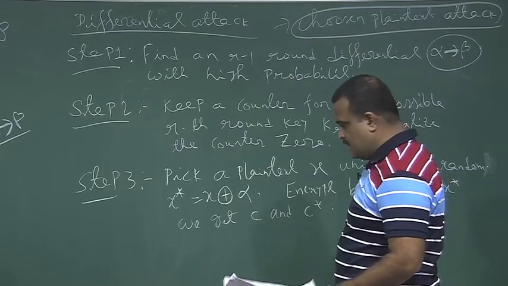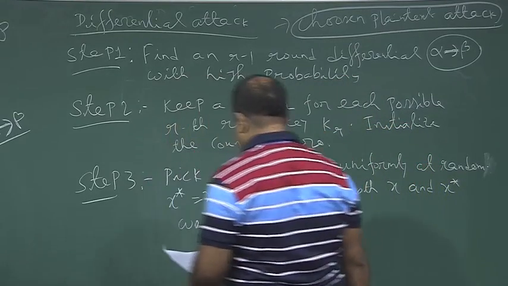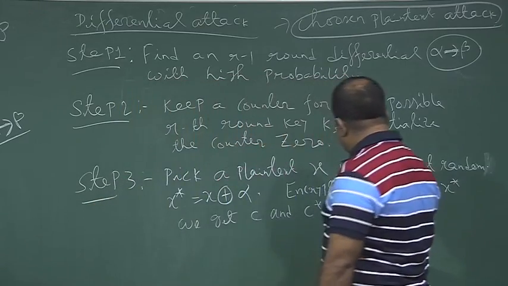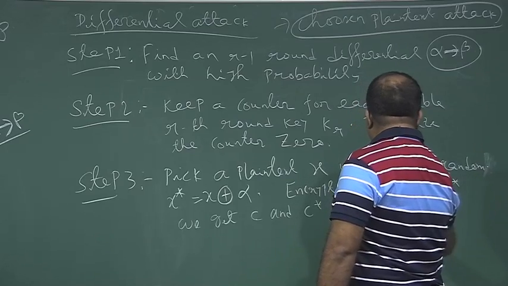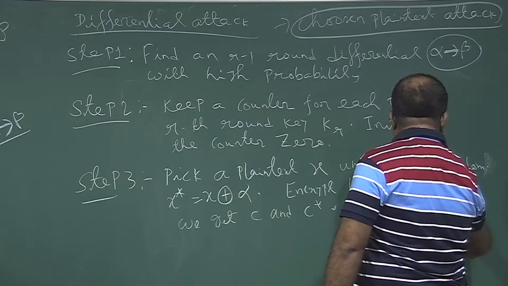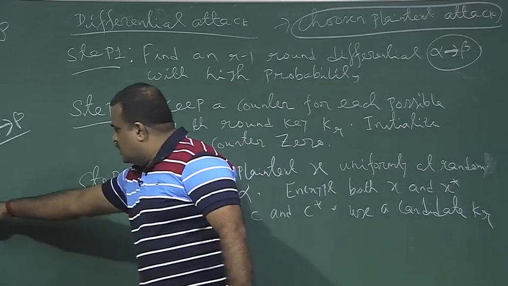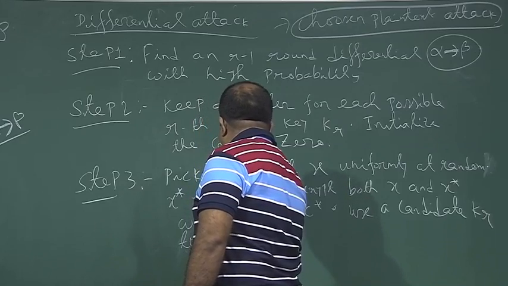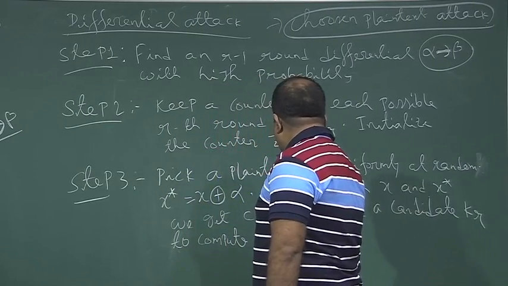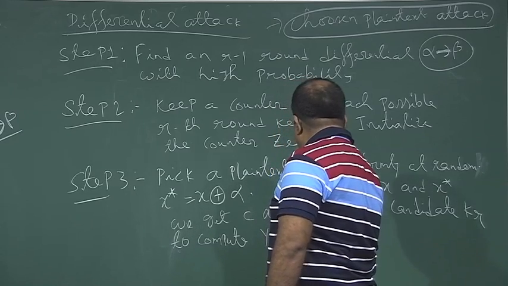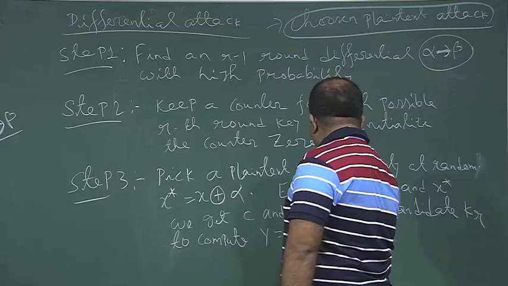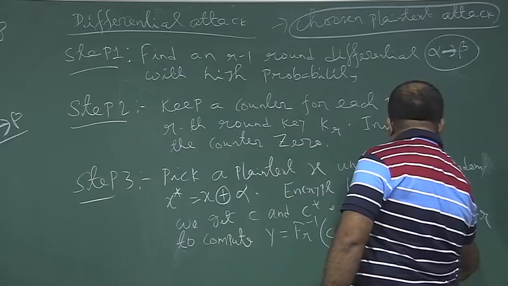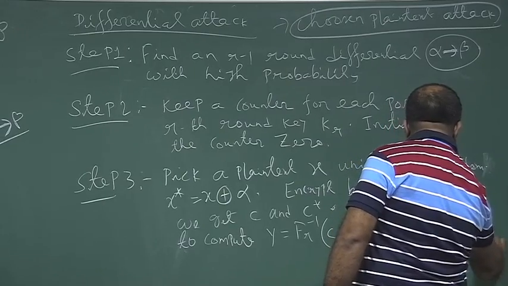Then we use a candidate K_R to invert and compute y, which is F_R inverse of C under K_R, and y star, which is F_R inverse of C star under K_R.